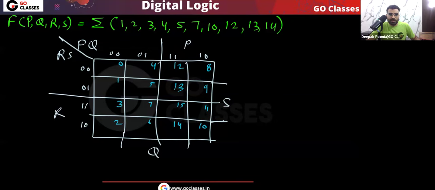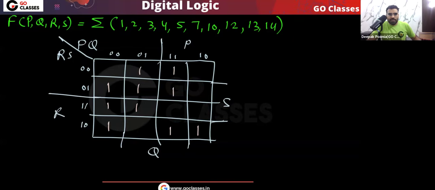Now let's fill this k-map here. For these cell numbers the function value is 1. You can see 1 2 3, then 4 5, then 7, then 10, then 12, 13, and 14.